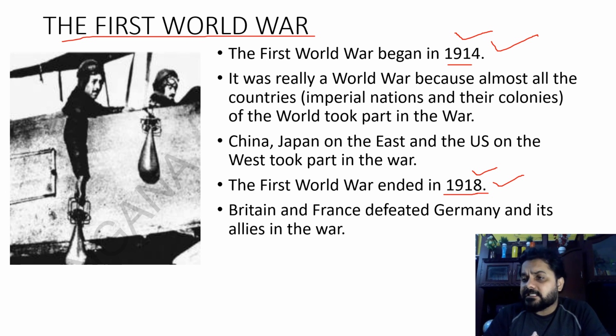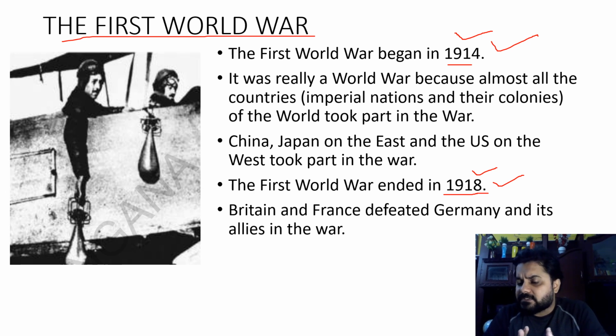Now, let us see which countries won the war and which countries lost the war. As we know, the war was fought between two opposing coalitions, the Allied powers and the Central powers.